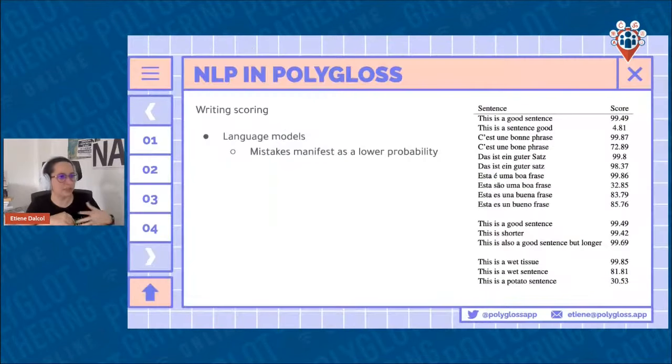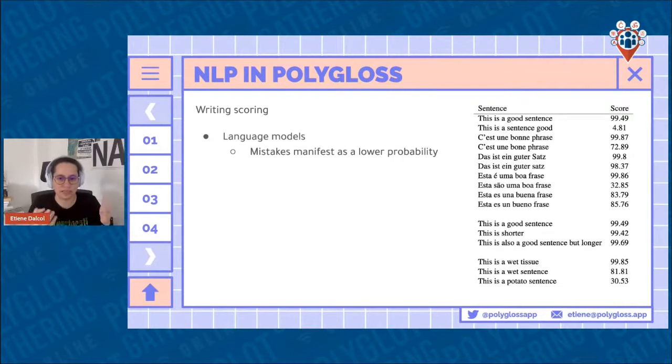And this is where I use language models, because, as I said, a language model has the goal of saying what is a likely sequence of words, right? Because it does that, a good model should assign real text in that language a very high probability, right? So what happens when you're dealing with learner language?